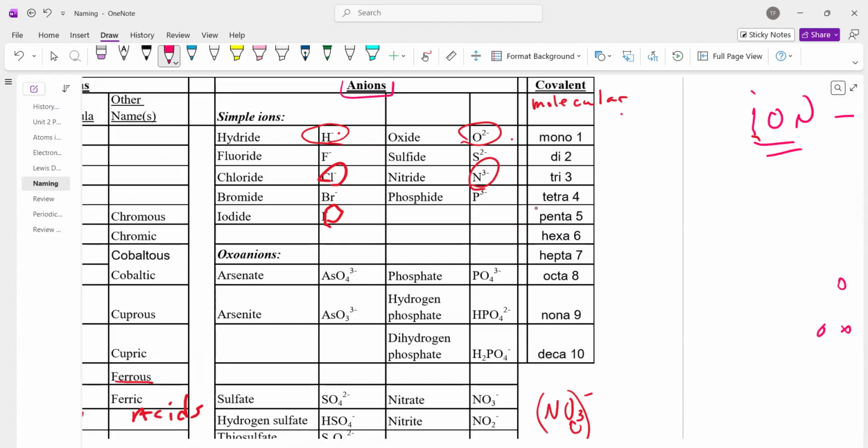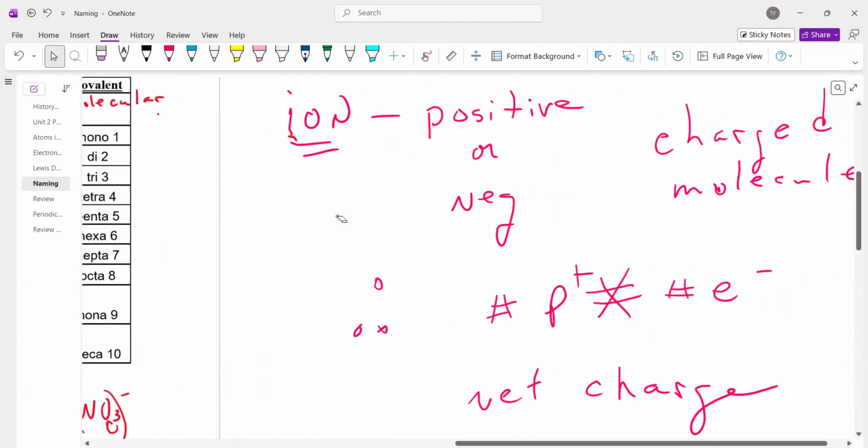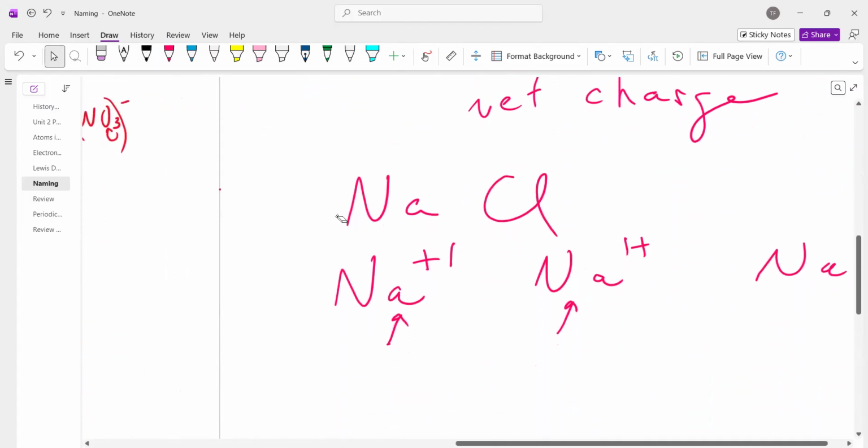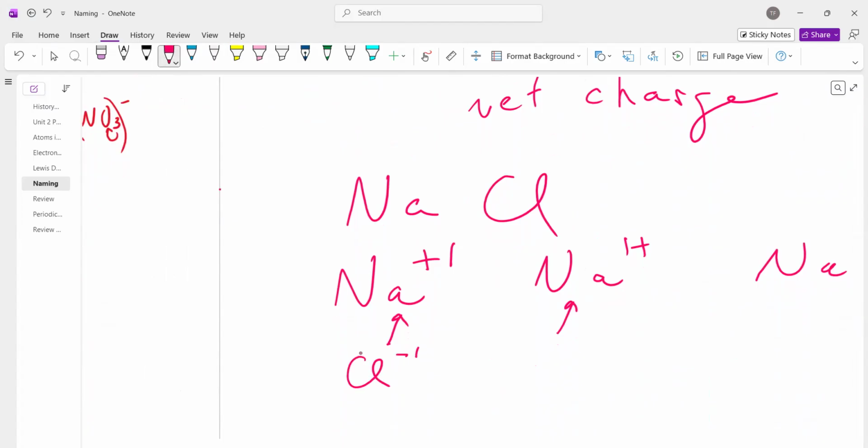Chloride has a charge of -1. So this is, yes, ionic. Again, why? It's got a positive ion, a cation, and a negative ion, an anion.